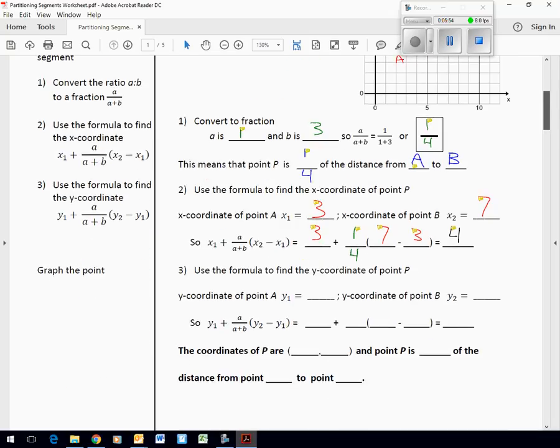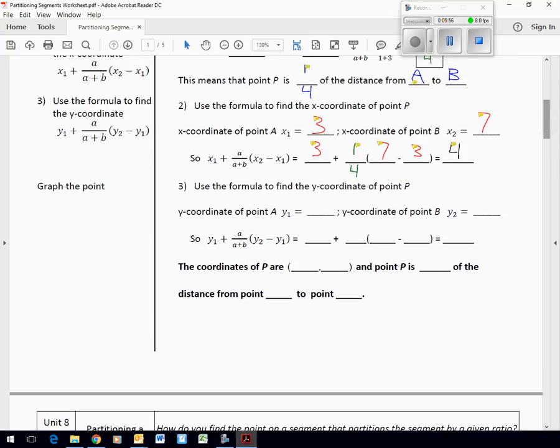right? And then we use the same formula with the y's, okay? So what is the y coordinate of point A? 4, and 12, okay? Because the y coordinate of point B is 12.